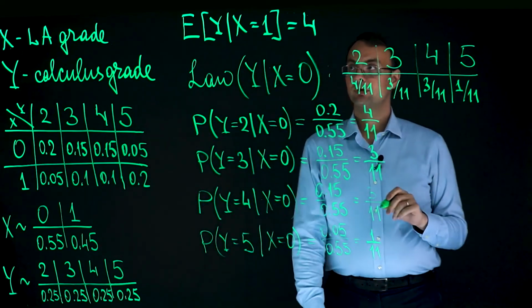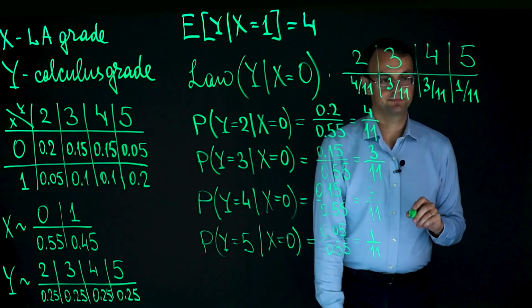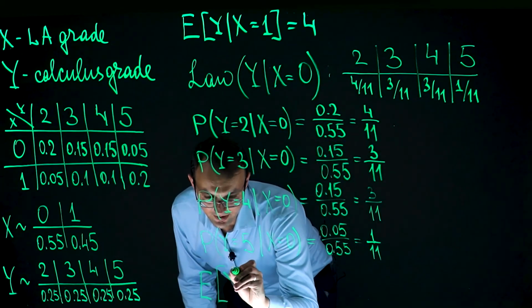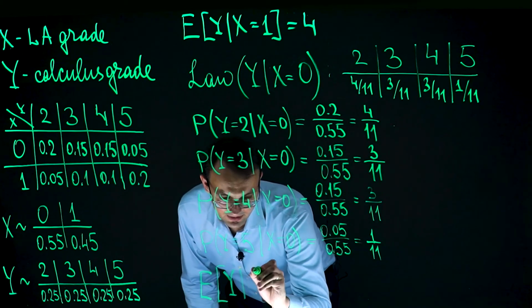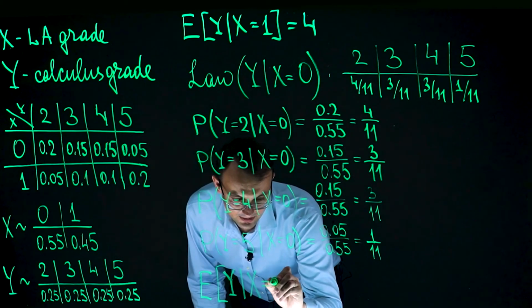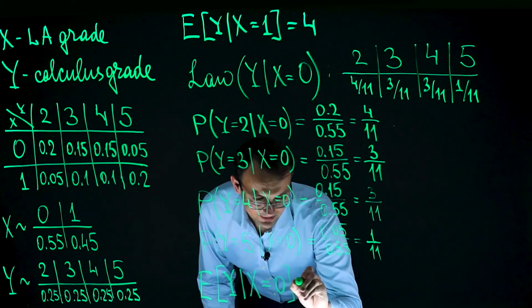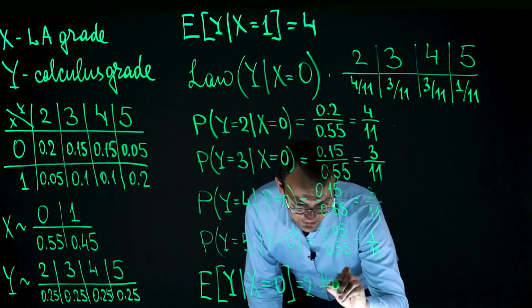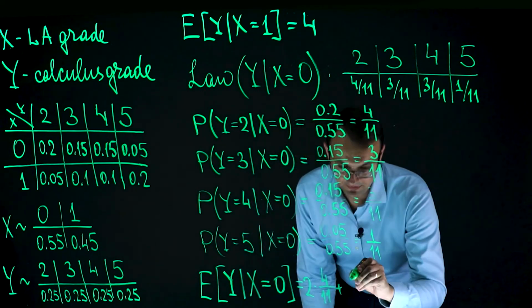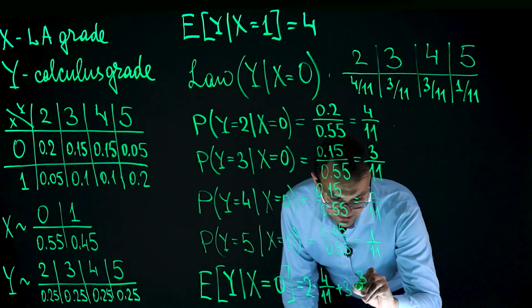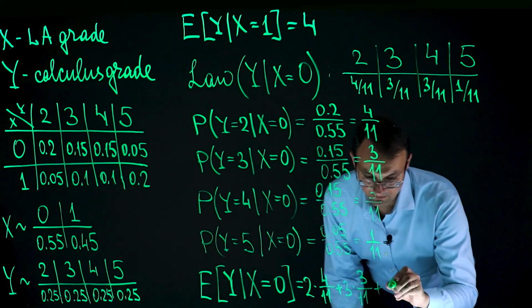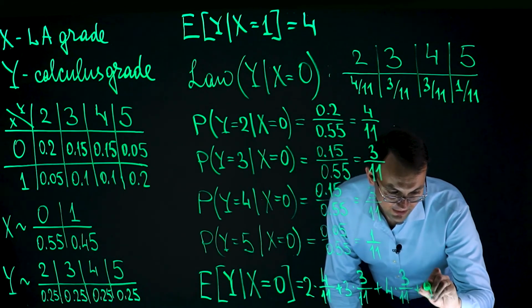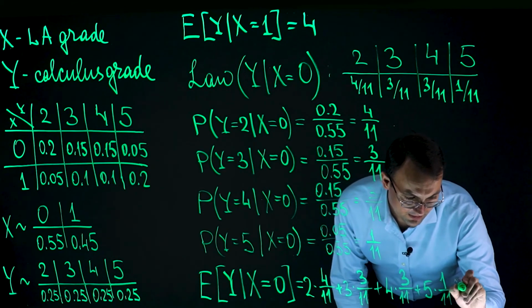So as for the expected value of y given x is 0, this is 2 times 4 over 11 plus 3 times 3 over 11 plus 4 times 3 over 11 plus 5 times 1 over 11.